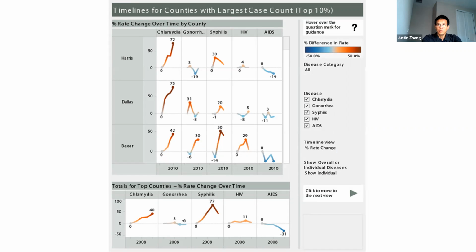So you can see there's a midpoint in terms of the percentage of the difference in rate, ranging from negative 50% to positive 50% with diverging color comparisons. Basically blue and red or orange color schemes for comparison.